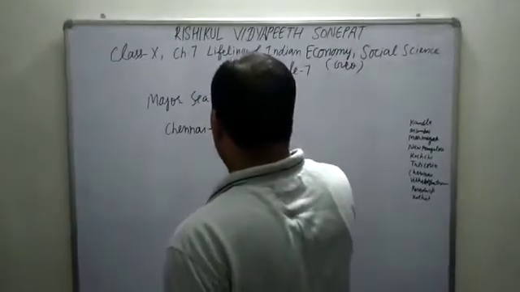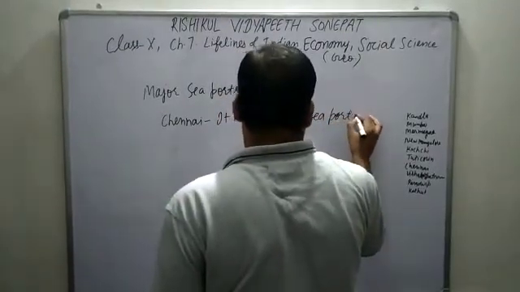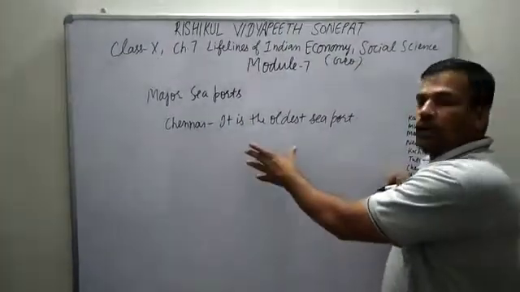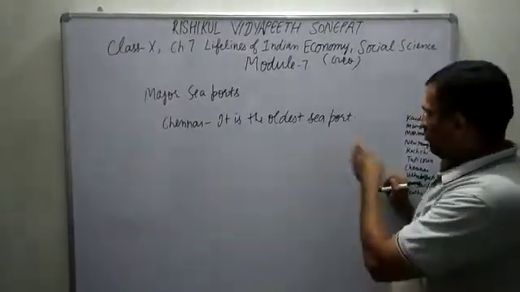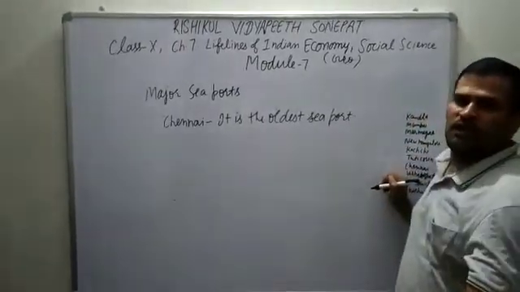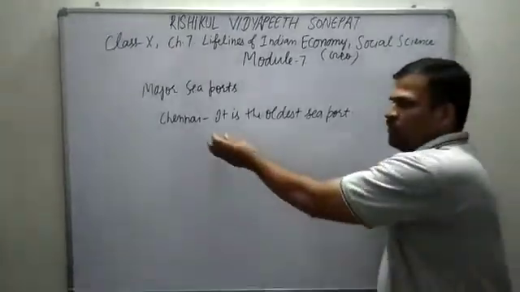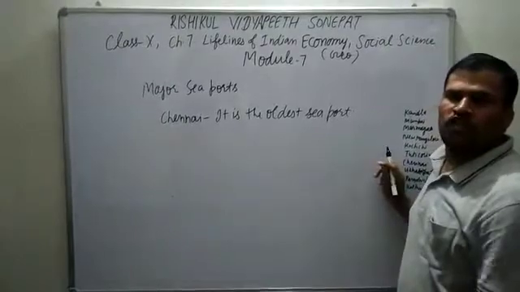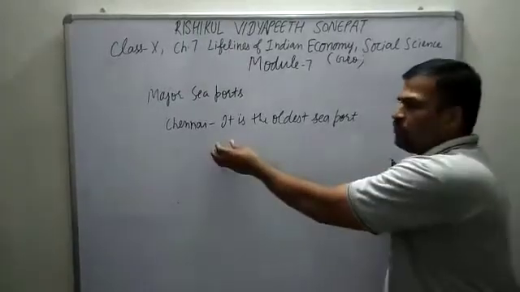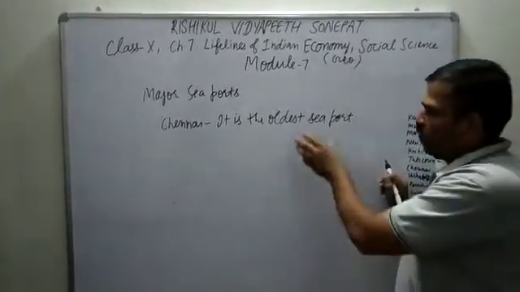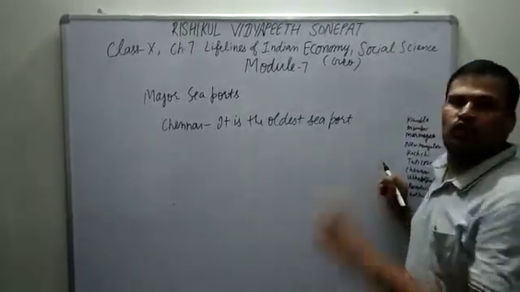It is also the busiest in terms of trade, because from Tuticorin goods can be sent to our neighboring countries like Sri Lanka and Maldives, and from Chennai to other parts like Indonesia, Malaysia and Singapore. So this is the oldest seaport, and it is also one of the busiest, and a lot of facilities are available.